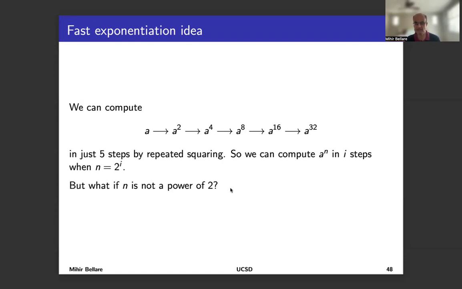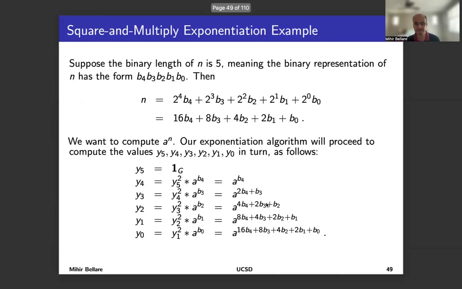You might think that's not a big problem. For example, suppose n was somewhere between 16 and 32, like 23 or something. Maybe we could quickly get to a to the 16 and then just slowly, by multiplying by a, get to a to the 23. But in fact, the distance between these two is still exponential and large, so that would still be too slow. So we do need something a little more clever.